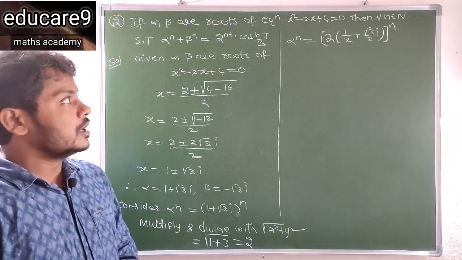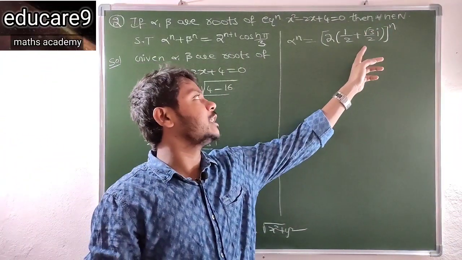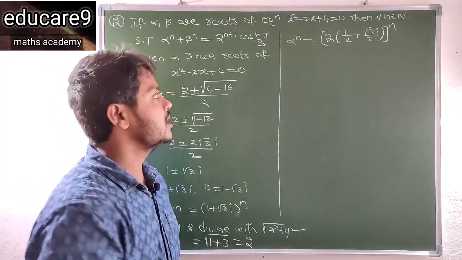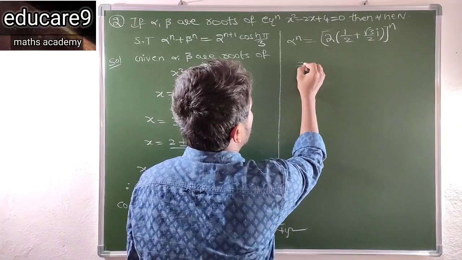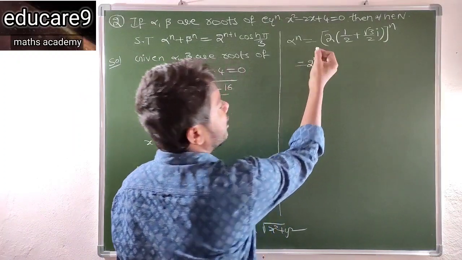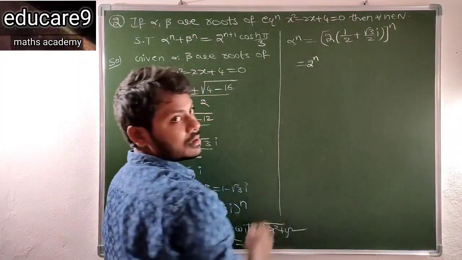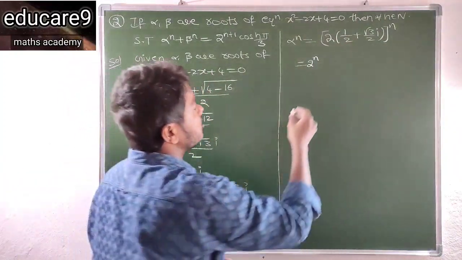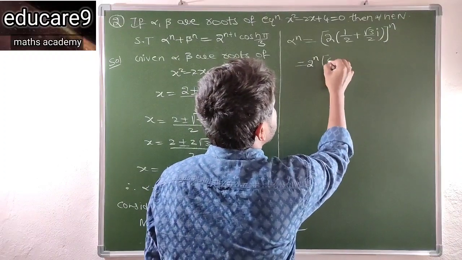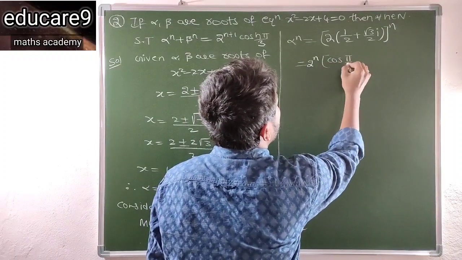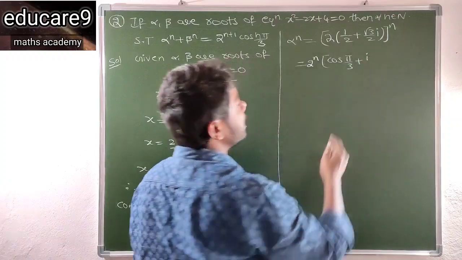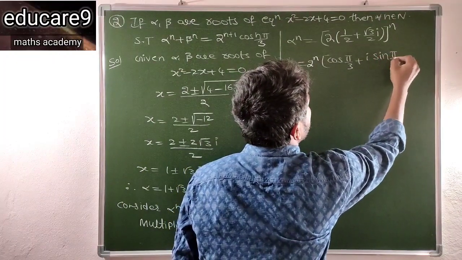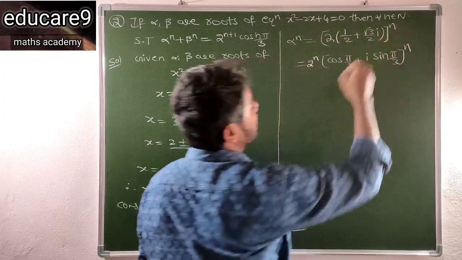Okay. Now see here, 1 by 2 plus root 3 by 2 i, write in terms of cos theta plus i sin theta. So this is equal to 2 to the power of n, and 1 by 2 we write in terms of cos, so that is cos pi by 3 plus root 3 by 2, that is sin pi by 3, whole to the power of n.